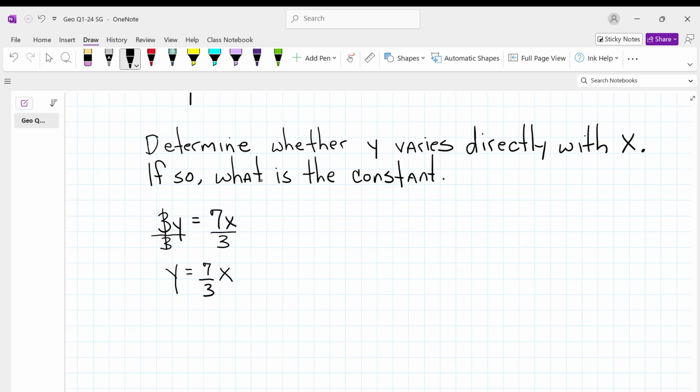So our constant, or our k, first of all, determine whether y varies directly with x. In this case, we're going to say yes, because we can write this in the form y equals k times x. And we're going to say k is equal to 7/3.